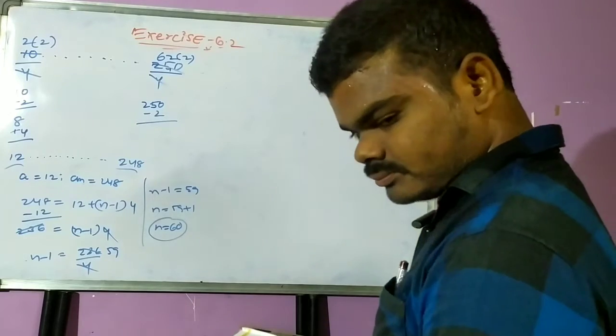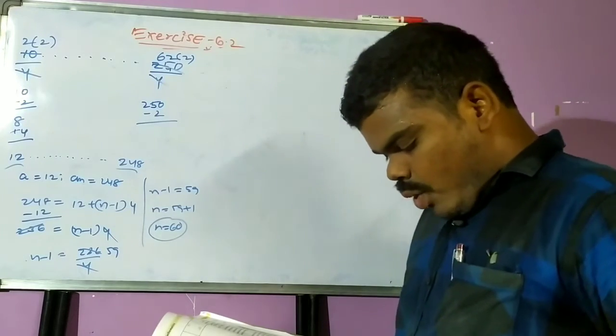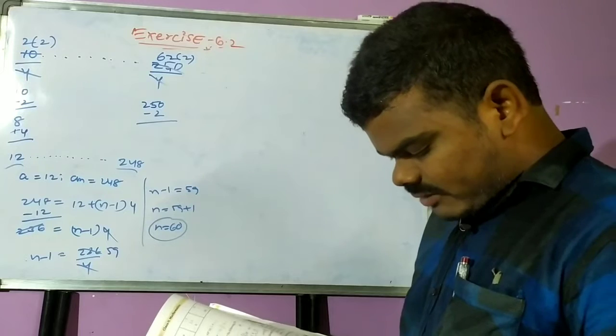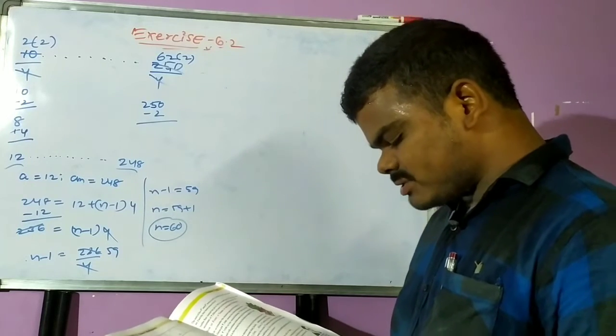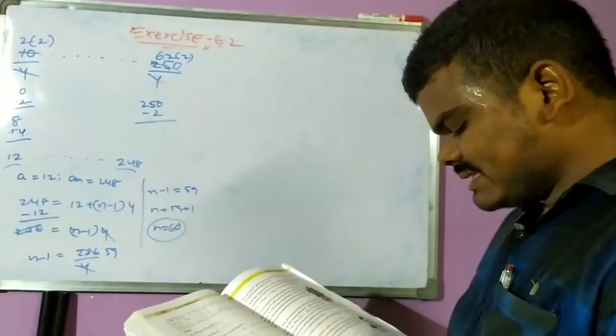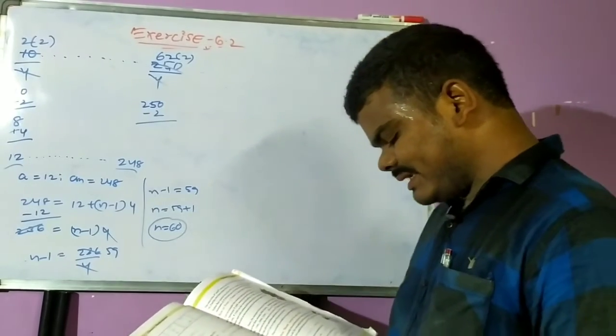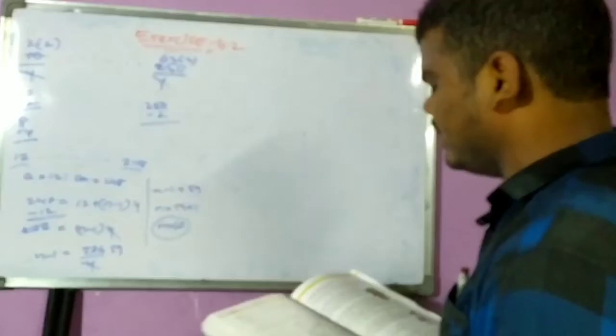Next one. For what values of n are the nth terms of the two APs 63, 65, 67 and so on, and 3, 10, 17 and so on, equal?